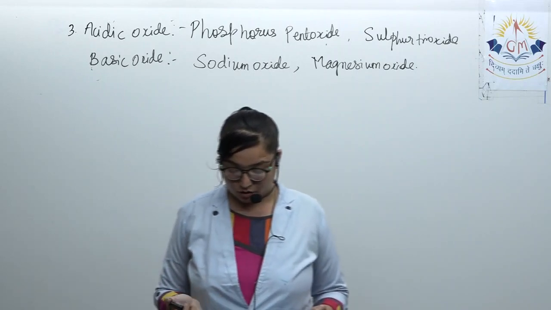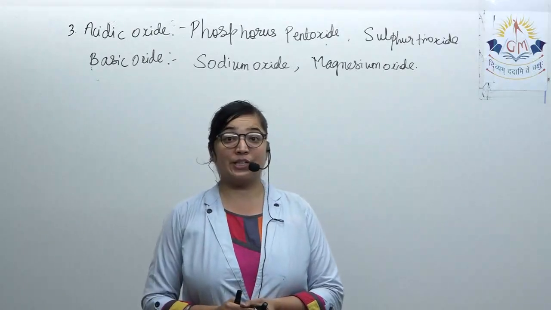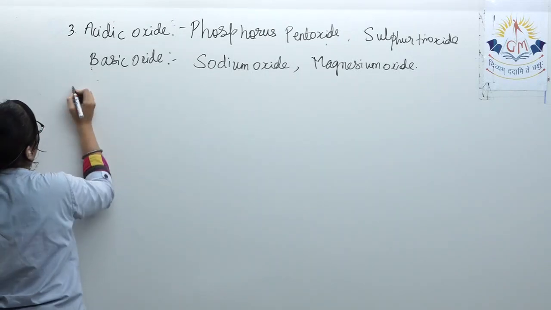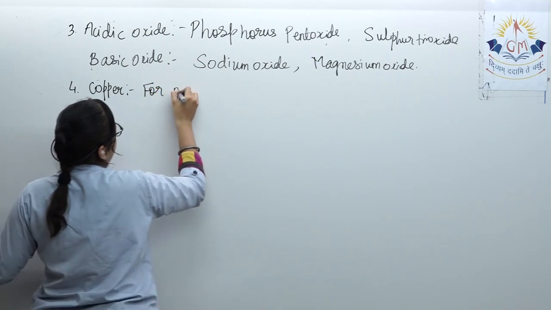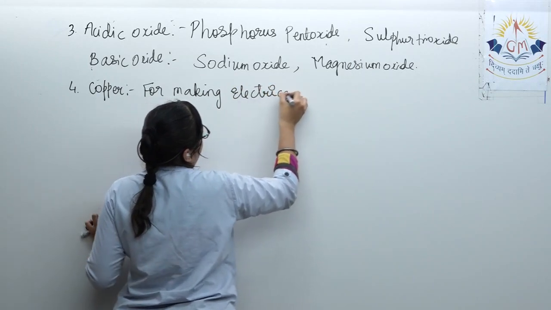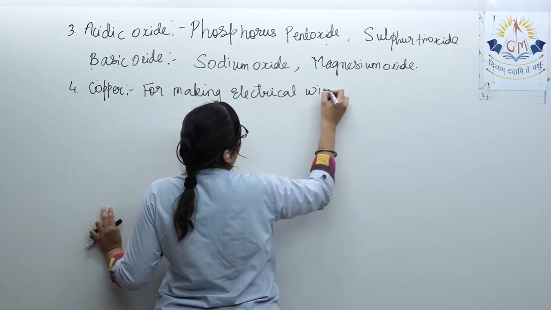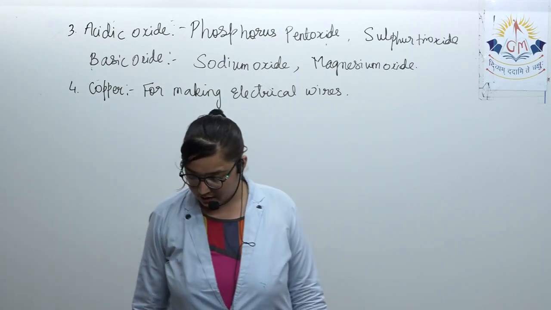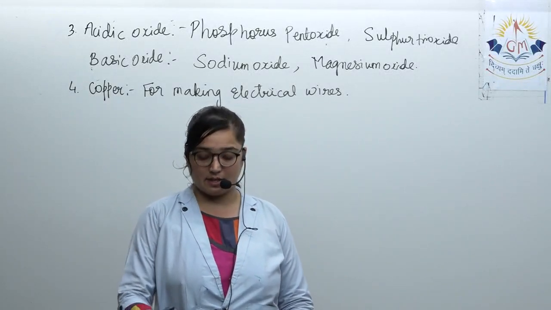Next, mention one main use of each of the following. In that, very first one is copper. Copper, you know, it is used for making electrical wires because it is a very good conductor. Alright, coming to the next particular part. After copper, it is aluminium. Aluminium is basically used for making domestic utensils and alloys.